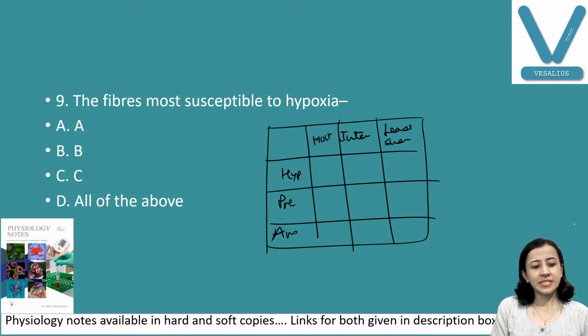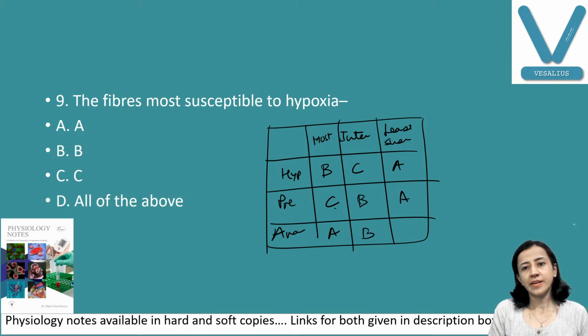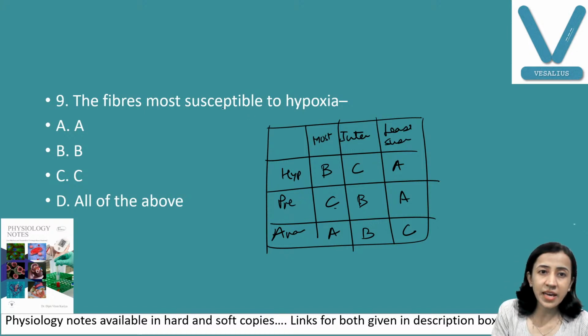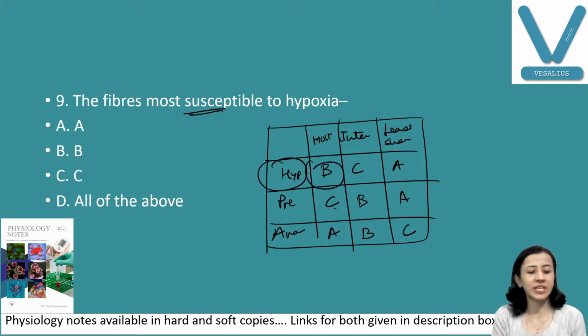A, anesthesia. For hypoxia, remember BCA. Here also BCA, then BB, and here A, and what is left is C. So this way you can remember. Which fibers are most susceptible to hypoxia? You can see here, from this you can easily find out. This is your B fibers.